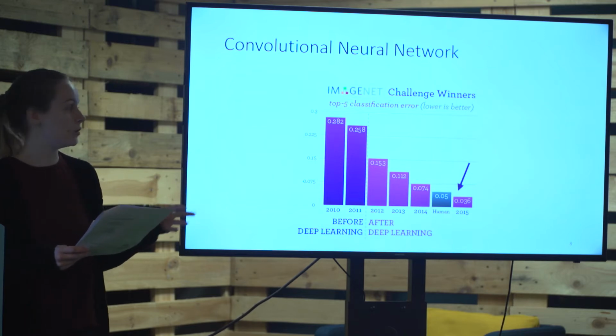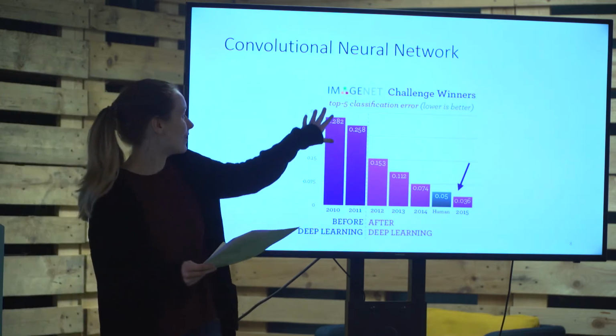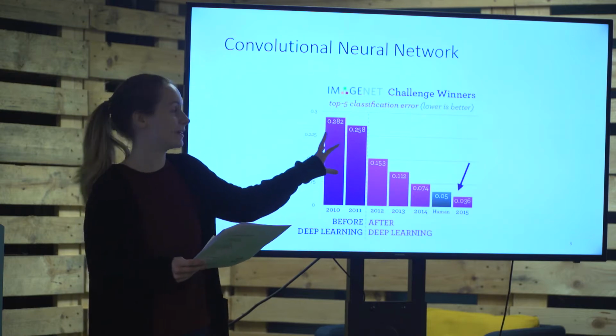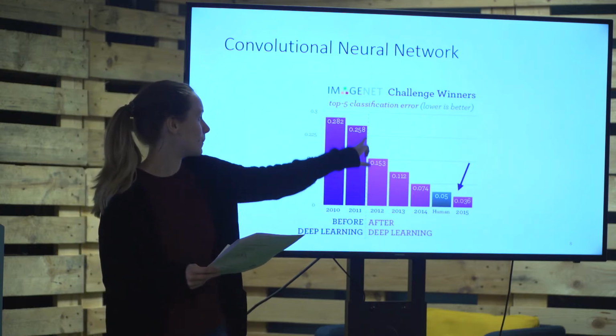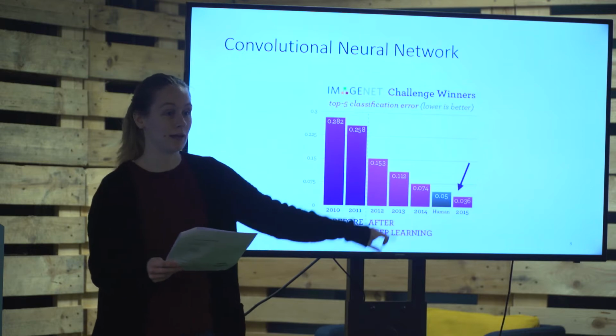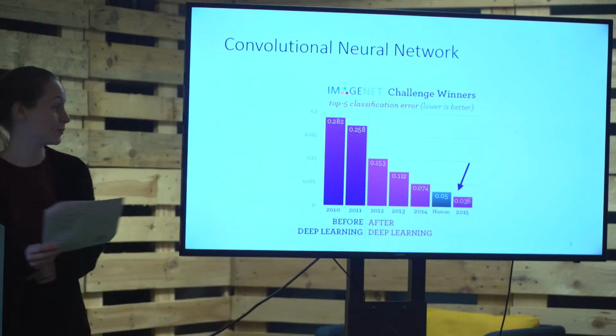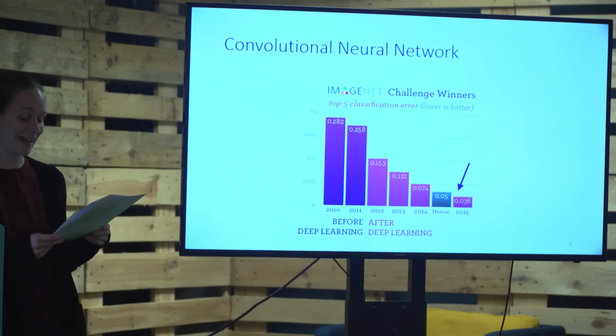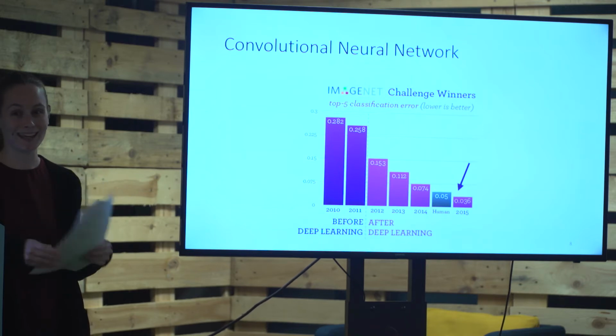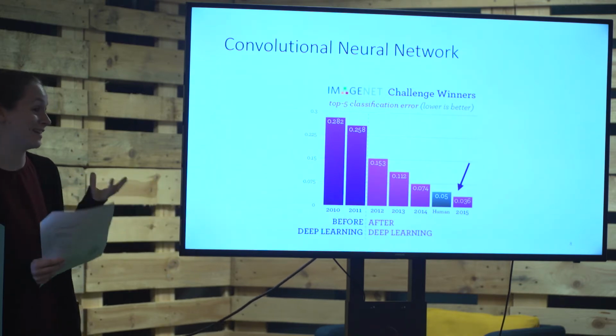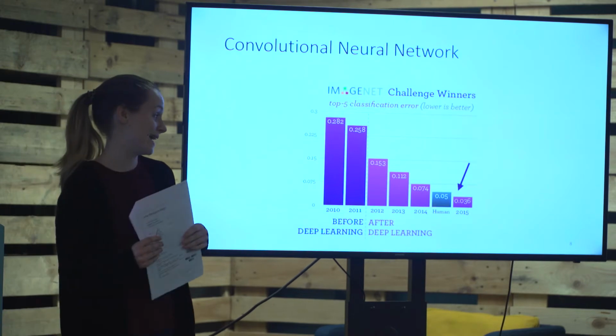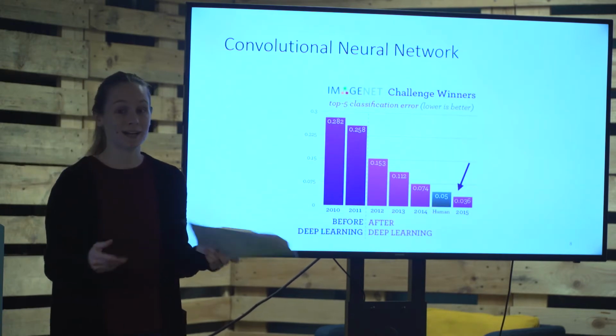You can see that the error, along this axis here, was reducing every year until suddenly in 2012 we saw this 10% drop in error. What happened in 2012 was Hinton and Krizhevsky came up with AlexNet, and that really changed things. That was the first proper implementation of the CNN, and that's where people started to see the power.